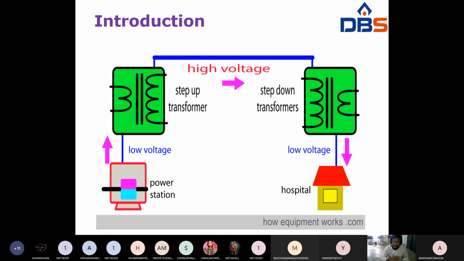That's why the right powerhouse is digitalized, whereas the left powerhouse is analog type. So generally, a transformer is a static device which transfers energy from one circuit to another circuit without change in frequency, with change in voltage and current.